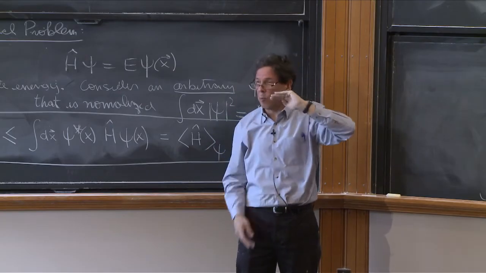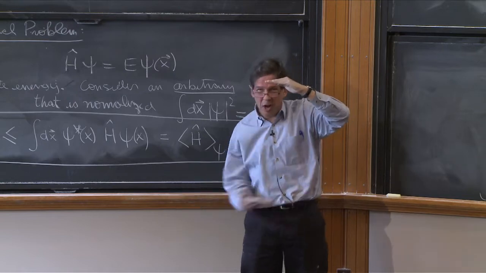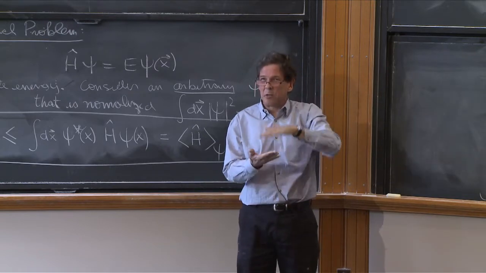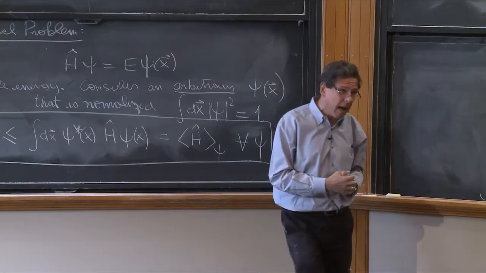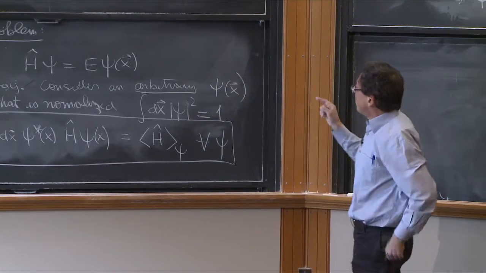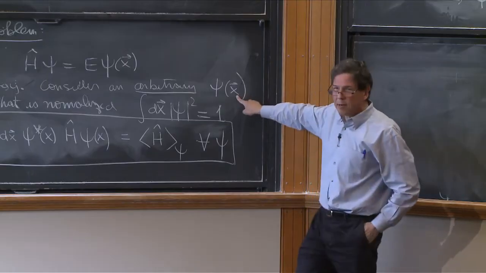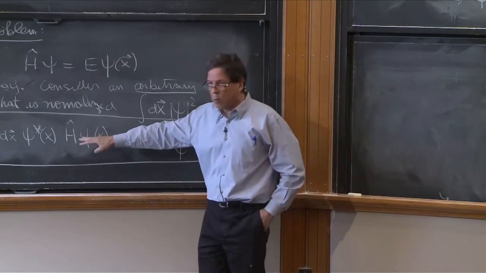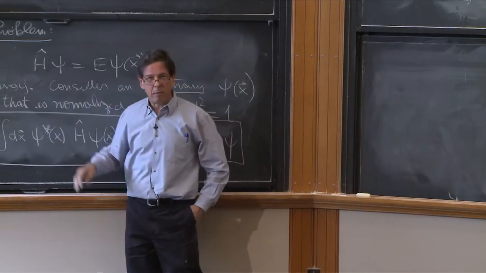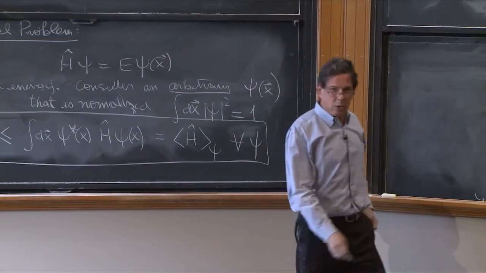So you learn something. It would be ideal if you also had a lower bound, so you knew it's in this range, but an upper bound is a nice thing to have. And the claim here is that each time you try an arbitrary function, you put anything here, you evaluate, you get an upper bound.